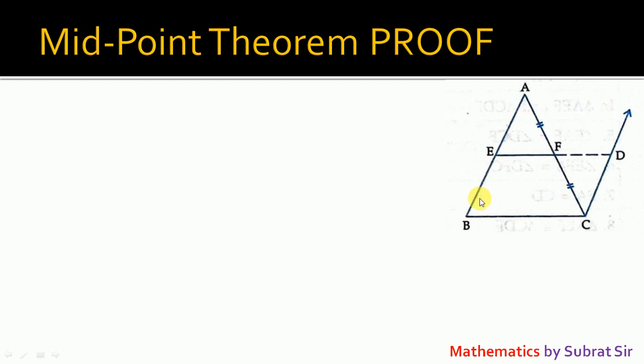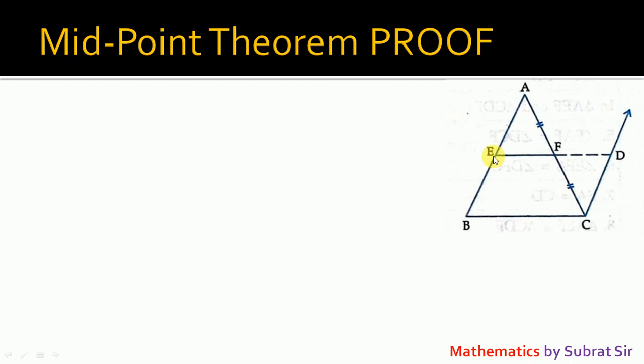You can take a triangle like this, triangle ABC. According to the statement, we have the line segment joining the midpoints of any two sides.